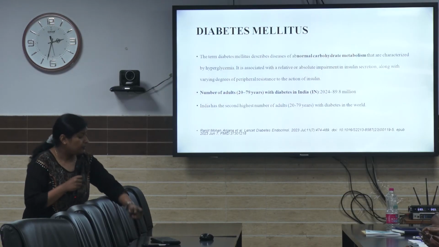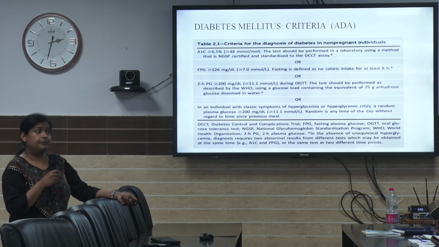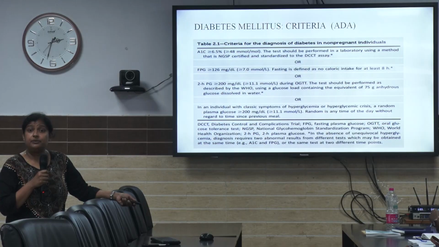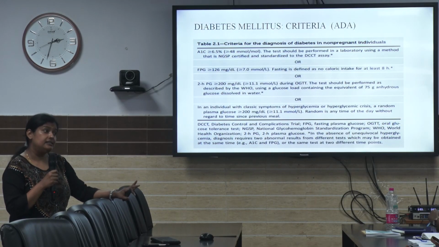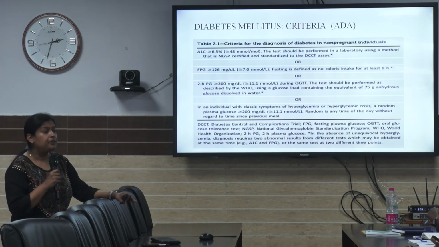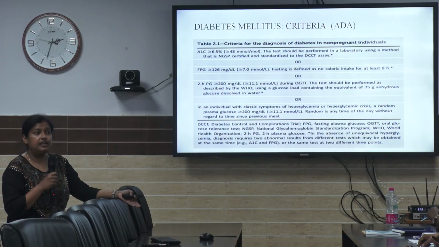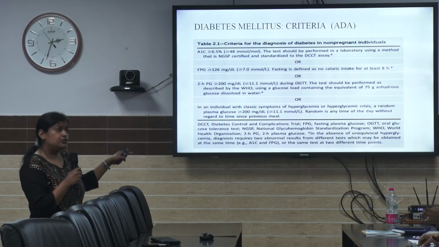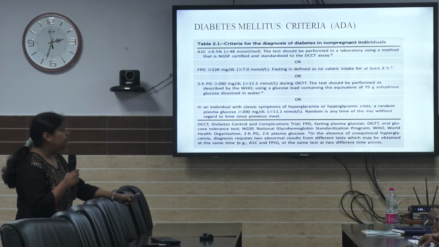So how do we say, or when do we say that the person is diabetic? We all are well aware of it. One of the ways is getting an HbA1c test done, and a value more than 6.5% tells us that the person is a diabetic. Or the traditional way, which is easier and probably available at smaller centers or PHC level also, even in small clinics: we can easily get a blood sugar level done, cost effective and easy to do.